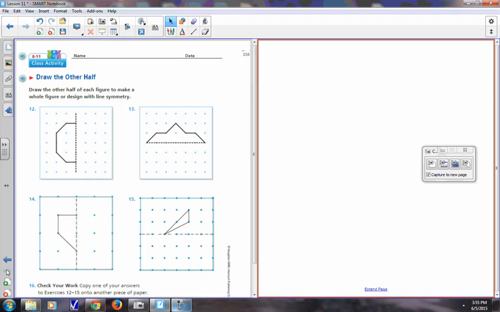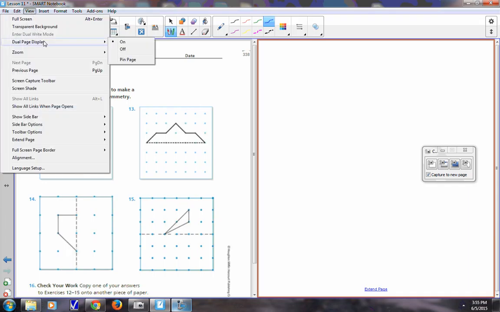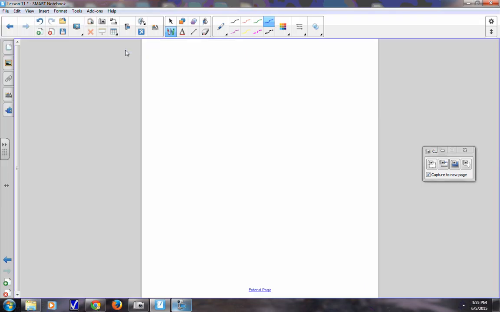So now we're going to practice drawing the other half of a figure, the part that makes it symmetrical is what we call it. And on this, you really need to look at the dots. So for example, in number 12, when you're looking at it, and I'm going to change this display back to single.